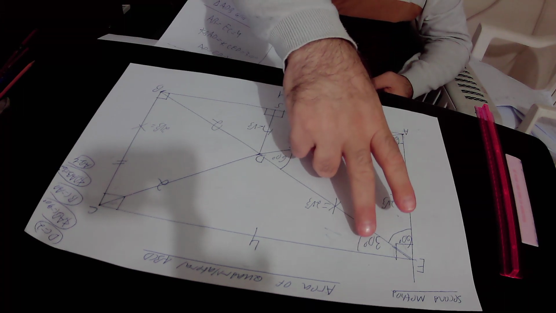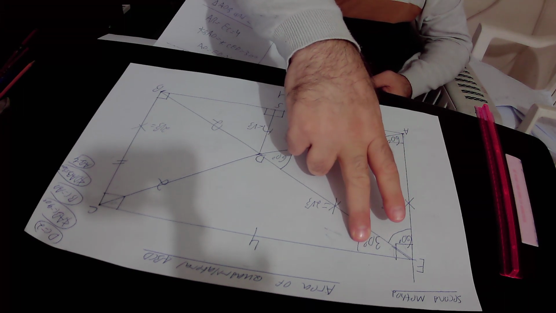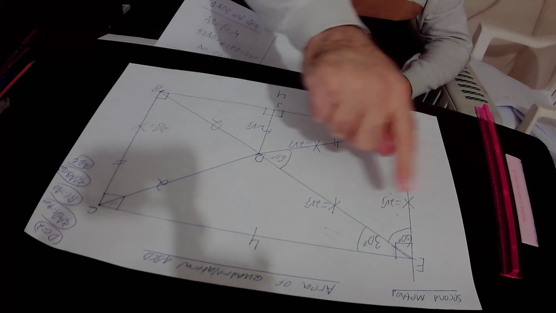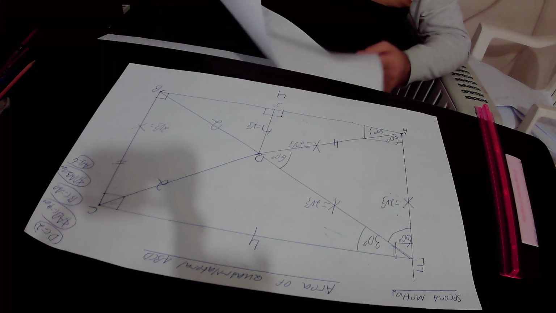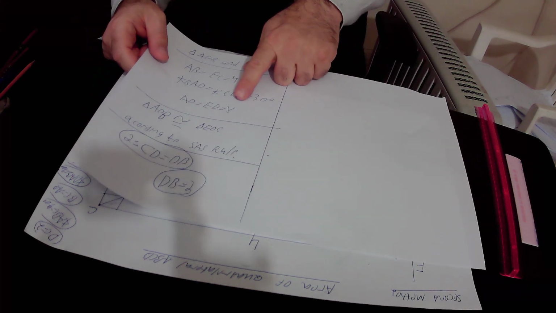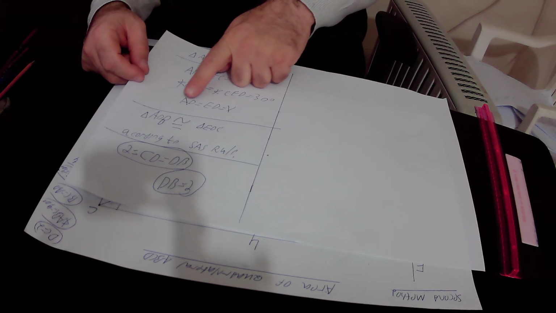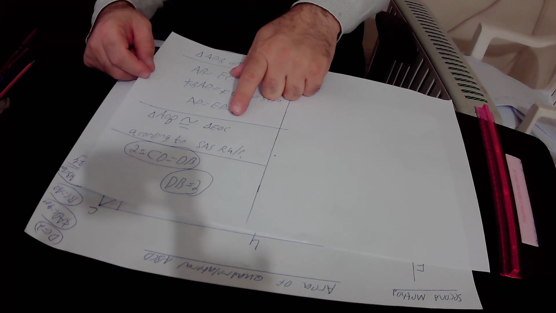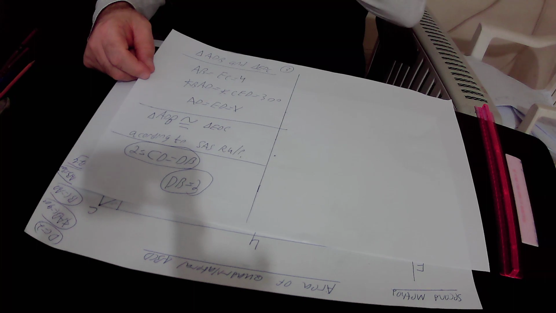Those two angles are equal to each other, they are both equal to 30 degrees. And AD equals ED equals x. So we proved that triangle ADB is congruent to triangle EDC according to the side angle side rule.